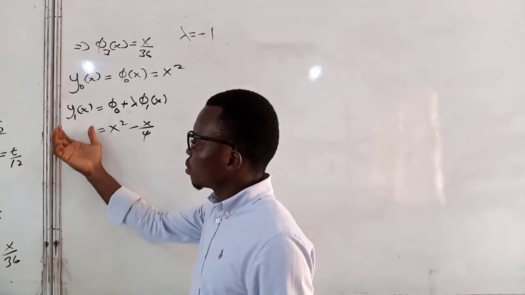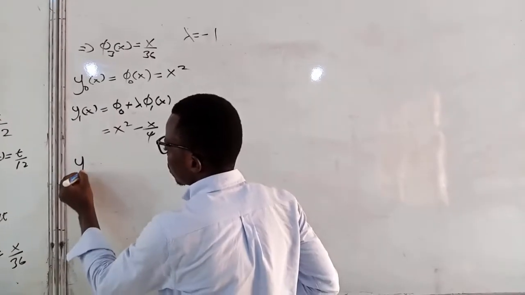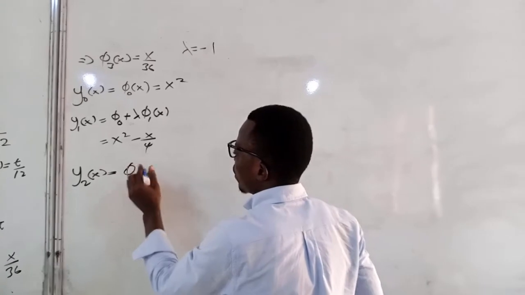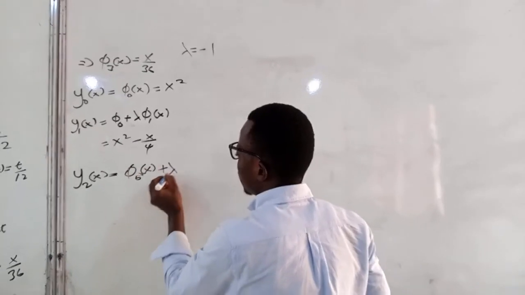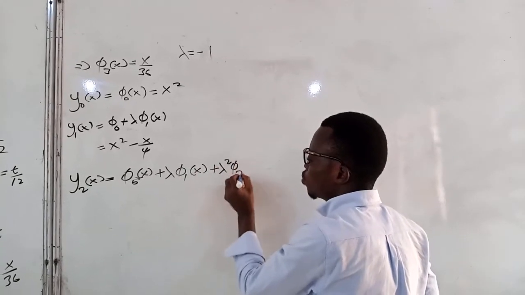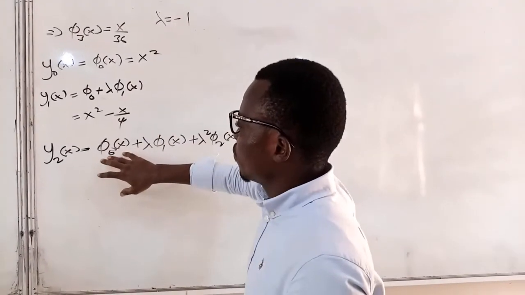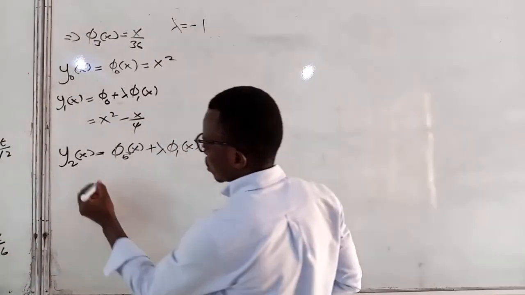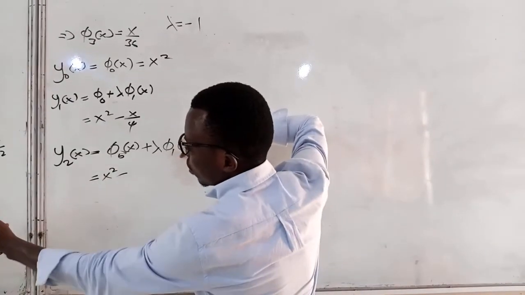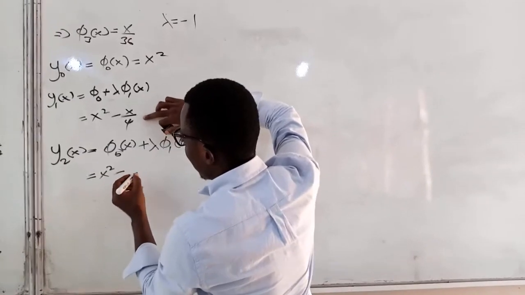Now for the next solution, which is y2: y2 of s is the same as phi naught of s plus lambda phi 1 of s plus lambda squared phi 2 of s. Our lambda is given as minus 1, and phi naught is given as s squared. So this is equal to s squared minus s over 4, since phi 1 of s is s over 4.